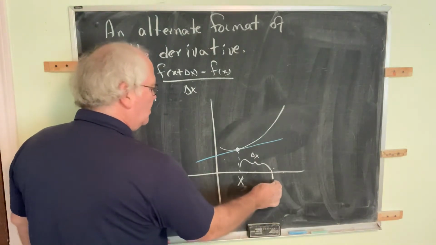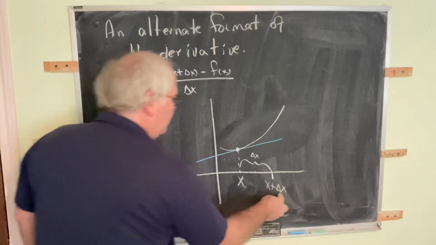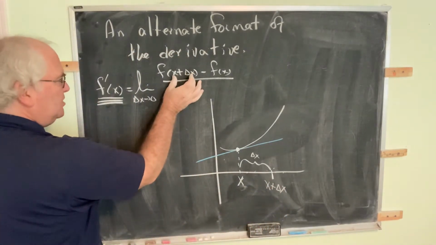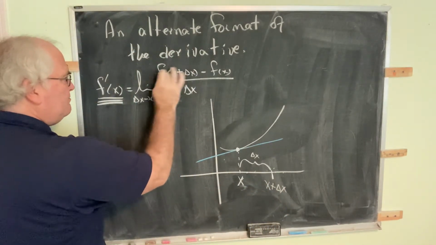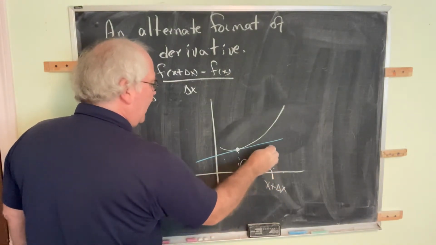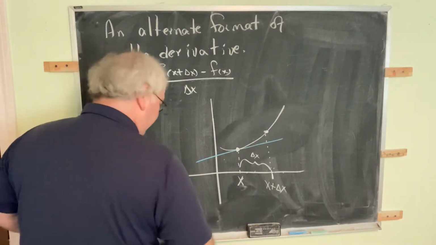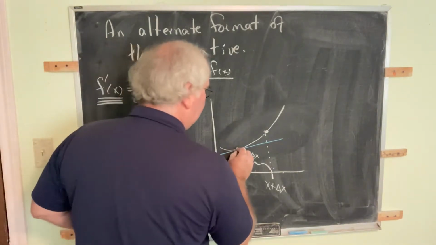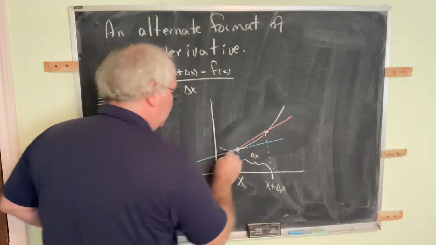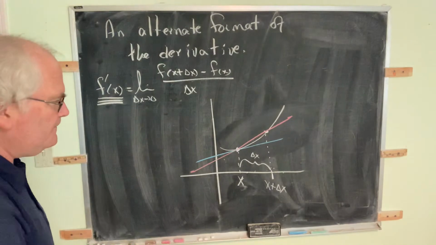This point has coordinates x plus delta x. That value is that expression. So this piece corresponds to finding the function value here. And then once we have that, we can find this point. And then from that, we have our secant line, right? And we find the slope of the secant line. We take the limit, and on and on we go.